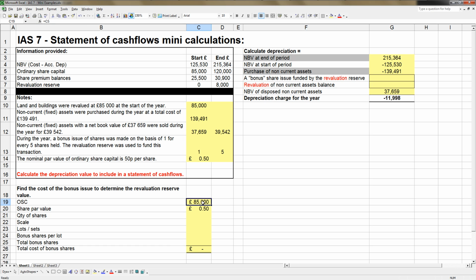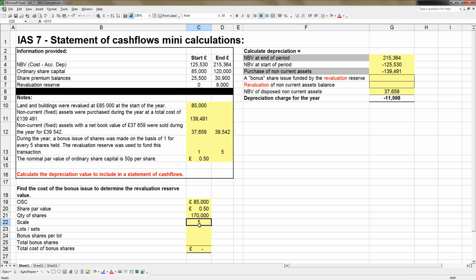So let's divide 170 by 5, and we get 34,000 sets or lots. I don't think it's a formal term, it's just the term I use. So we've got 170,000 raffle tickets, and we need to group them into sets of 5, because that's the ratio, the proportion. And then we're going to give one free share for every 5. So you've got 34,000 sets of 5. So the bonus share per lot is 1. I know it's a bit easy when it's 1, but I'm still going to put it in so I can work it out.